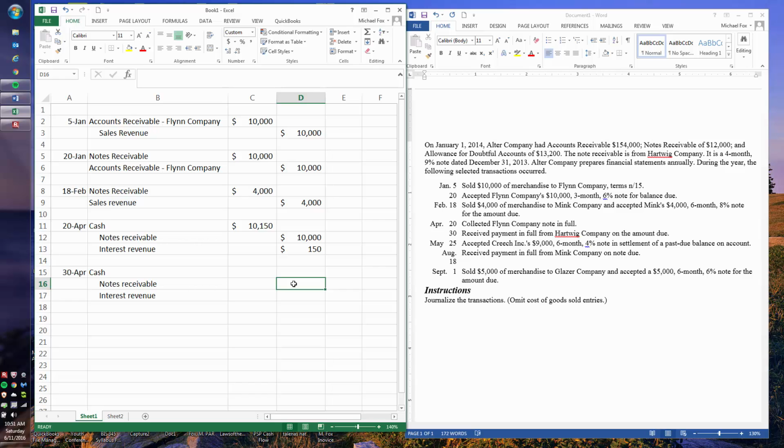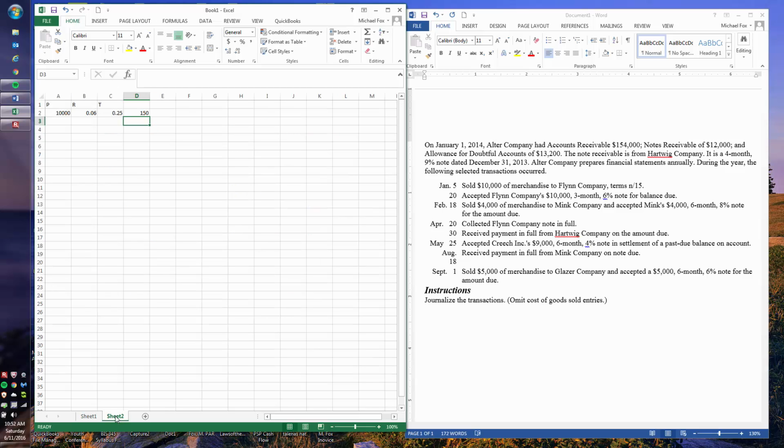Okay, so it's a 9% note. So we know that the face amount is $12,000. And we know that it's a 4-month note at 9%. So we can do our principal of $12,000 times our rate of 9% times our time, which is 4 months out of 12, or 0.33333.